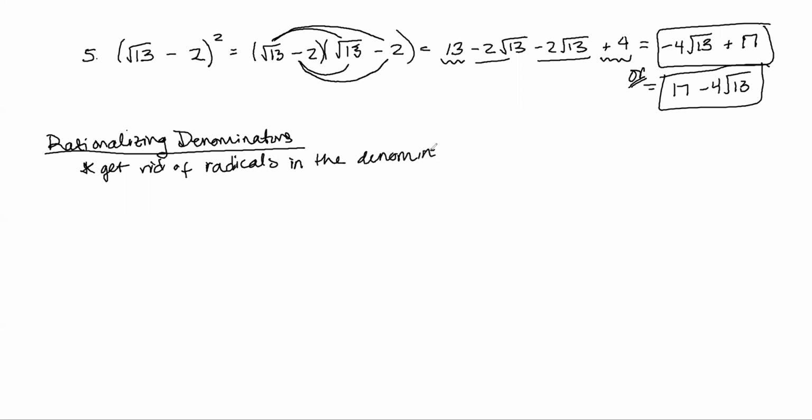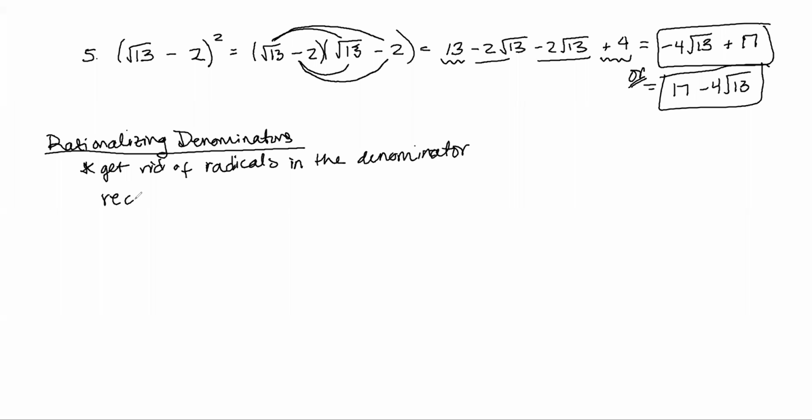That's kind of one of, as you can call it, a rule with radicals, is that you do not want any radicals in the denominator. Just like we saw last time, or in section 10.3, we also don't want any fractions under a radical, because that means that there's a radical in the denominator. So they kind of go hand in hand.